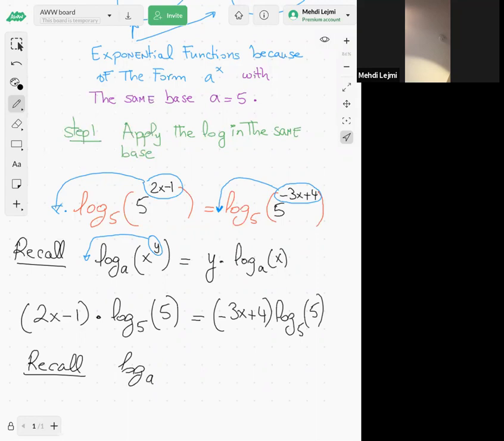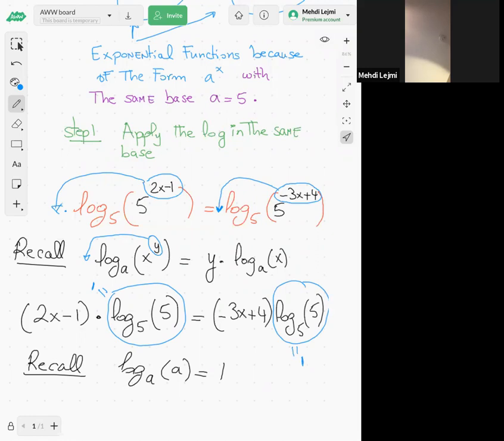The same holds for the log on the right side.